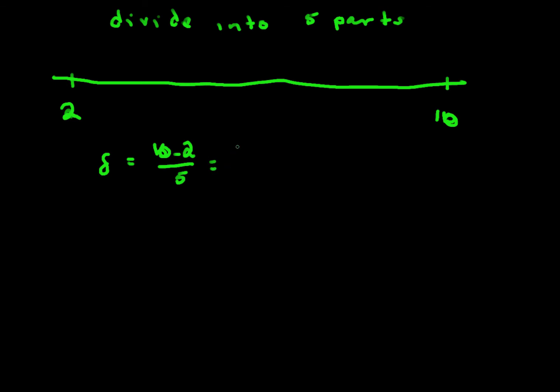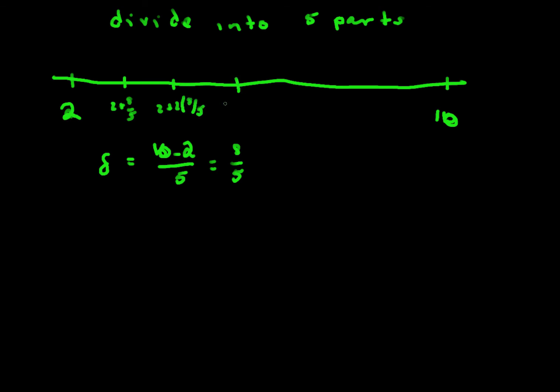So that would be 8/5. So each one would be 8/5 length, and so this would be 2 plus 8/5. Then this plus another 8/5, so 2 plus 2 times 8/5.